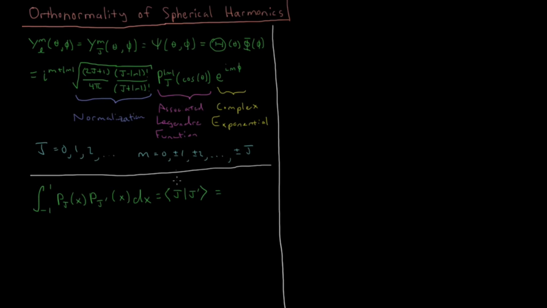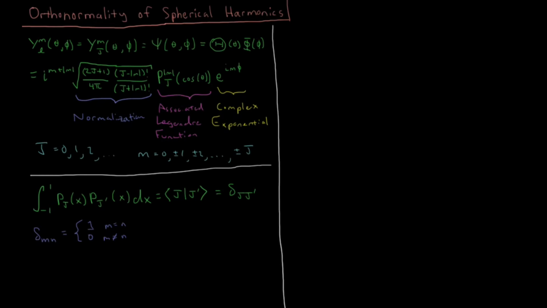And this is a special property of Legendre polynomials, that this equals the Kronecker delta, delta j j prime. Let's just remind ourselves that the Kronecker delta for two integers m and n would be 1 if m equals n and 0 if m is not equal to n. So again, that's called the Kronecker delta, that symbol there, depending on two numbers m and n.